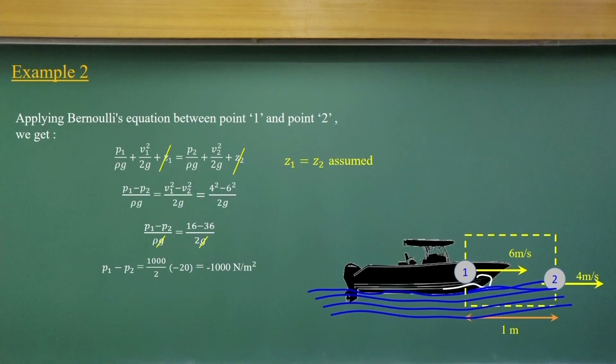So, we will just apply the Bernoulli equation between 1 and 2, because they are at the same horizontal level, Z1 equals Z2, only the pressure head difference will be equated with the velocity head, and by substituting the pressures and the velocities we will get the pressure difference. It is a very simple problem, but you have to visualize how it looks. So, you have to sketch it.